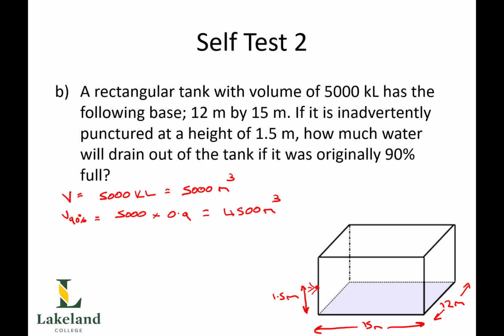The next thing is I'm now going to work out the volume at this point where it's leaked. So basically, all this volume below this point, I need to find out how much is there. So I'm going to say volume at the leak is going to be equal to my length times width times height, which will be 15 times my 12 times my 1.5.